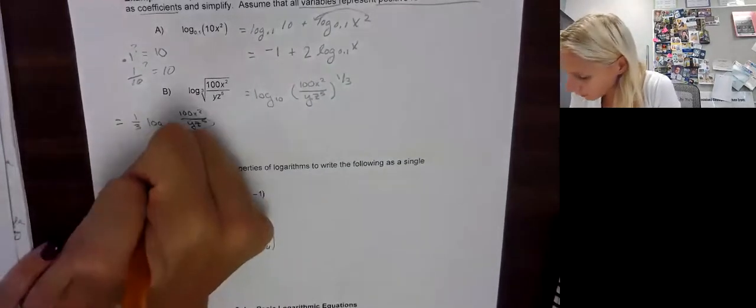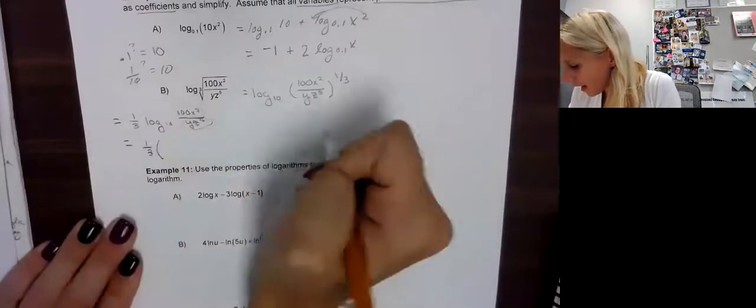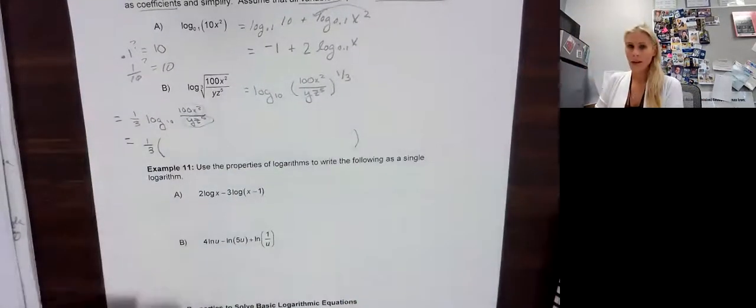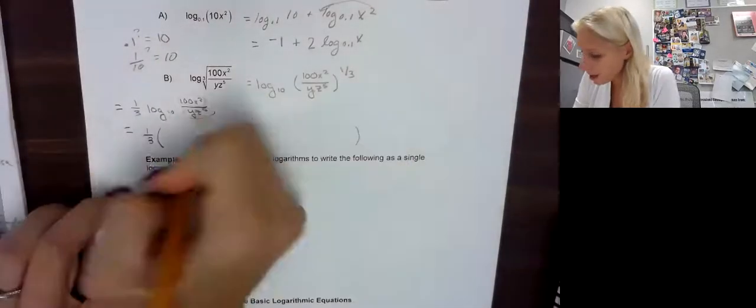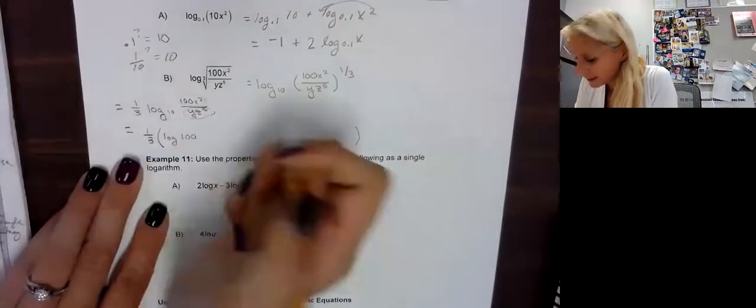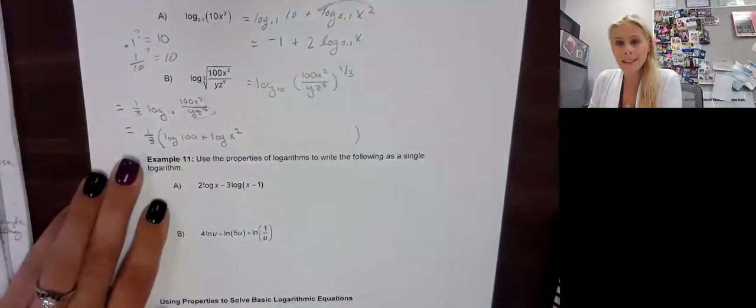Now, if we remember, this 1/3 is out front, and it's up front for everything, okay? The other thing you have to remember is when expanding, for every term you have, you still have your log base 10, which I'm just going to put log right now. So I have log base 10 of 100, and that's positive because it's in the numerator. Then I have plus log base 10 of x squared, because again, that's in the numerator.